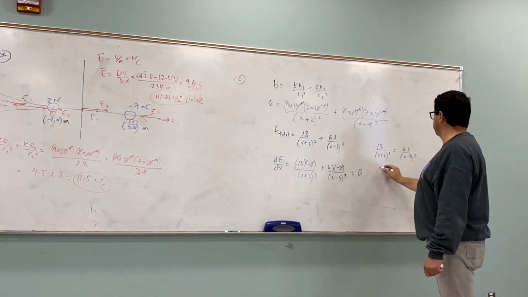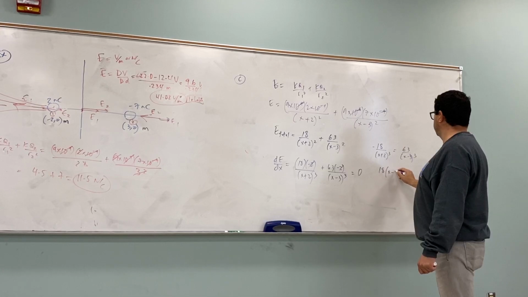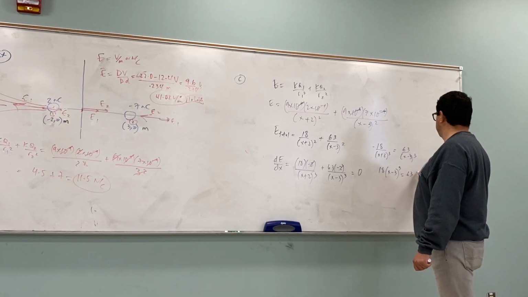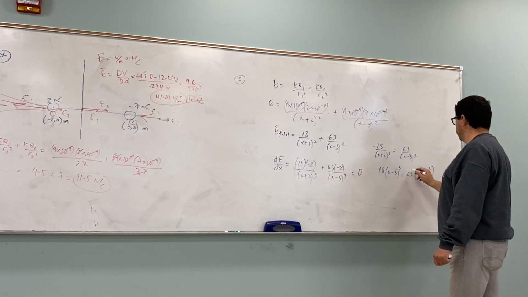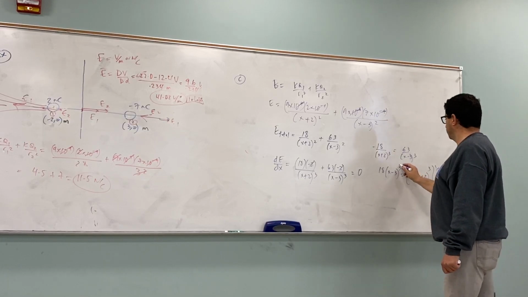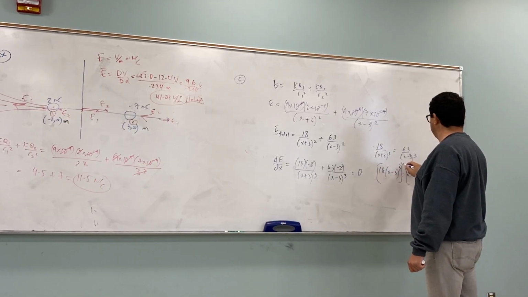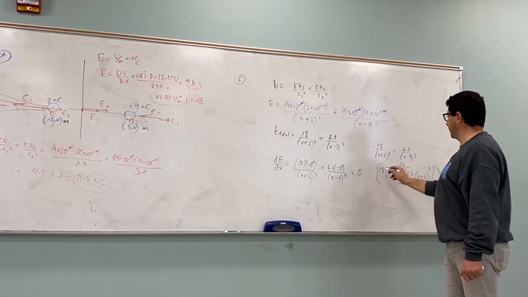Cross multiply. Could you cube root both sides? Oh, there's a negative here, huh?